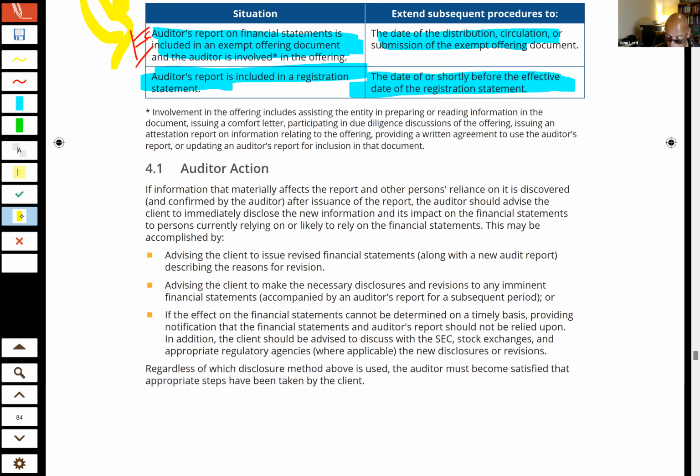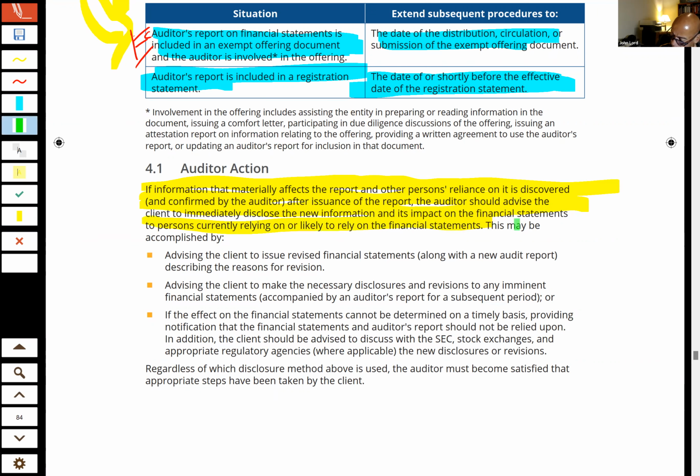Okay, so let's just take a look at this. If information that materially affects the report and other persons' reliance comes to light after issuance of the report, the auditor should advise the client to immediately disclose the information and its impact on the statements.